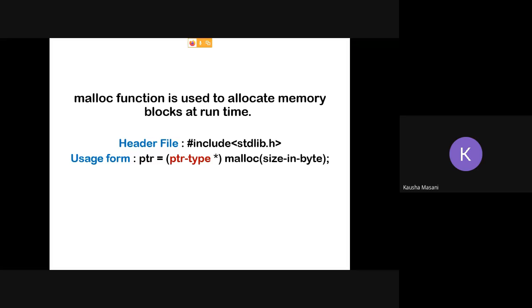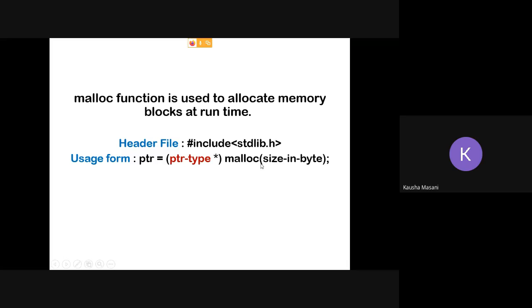See, when you are using this line, ptr equal to ptr type star malloc size in byte, to allocate the memory, how exactly is it getting executed? First, it is going to identify the malloc part.